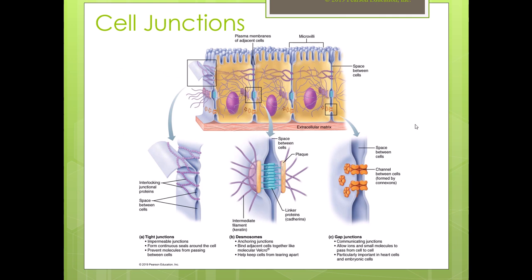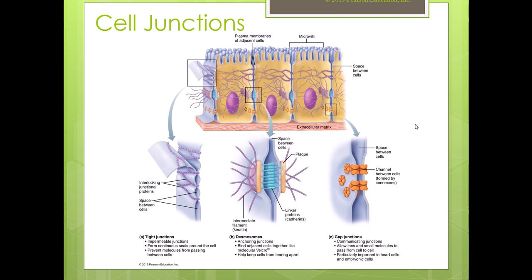So tight junctions, impermeable. The gap junctions are the communicating junctions. They use little connexon proteins that make a little channel that allows stuff to move very easily from one cell to another cell. These are particularly important in embryonic cells as we go through that developmental process.